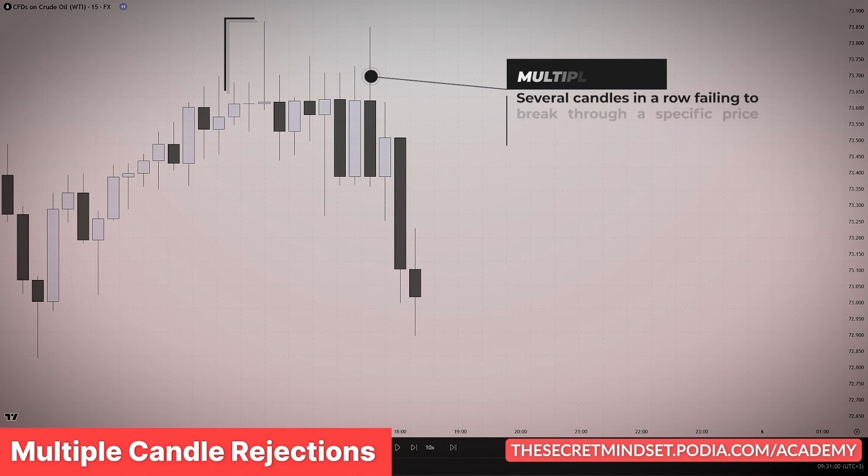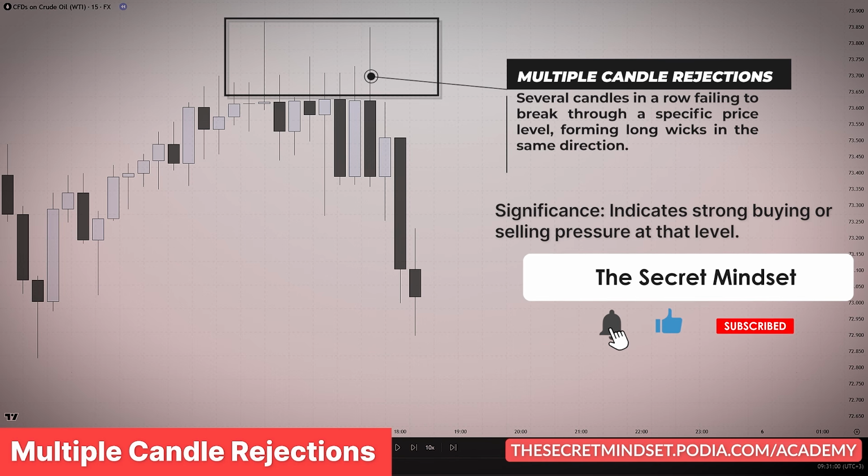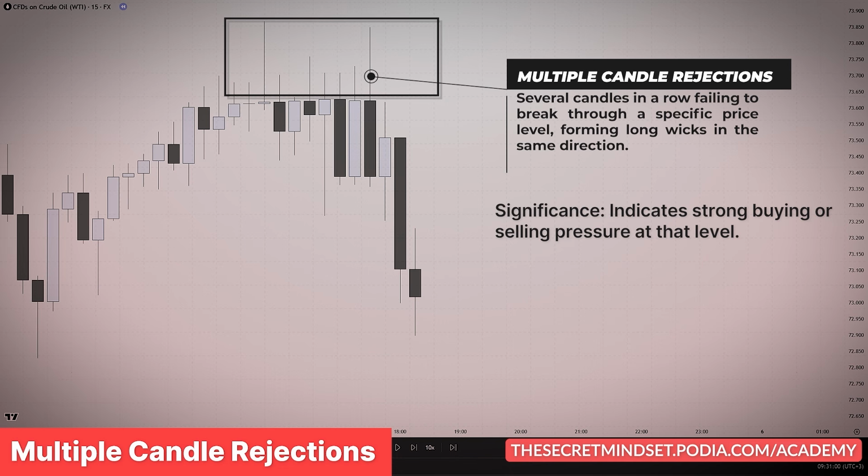When you see several candles in a row failing to break through a specific price level, each forming long wicks in the same direction, you're looking at a multiple candle rejection. In an uptrend, if multiple candles try to push above a resistance level, but fail each time, closing with long upper wicks, it's a clear sign of rejection at that level.